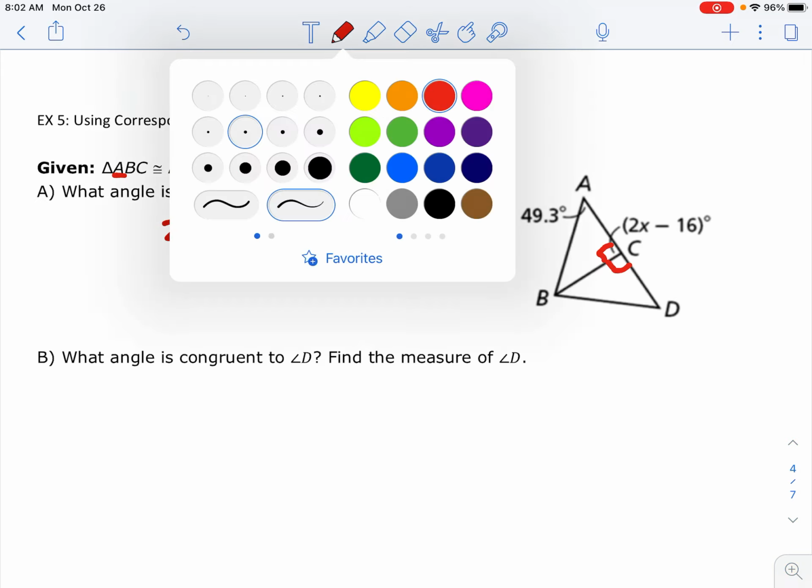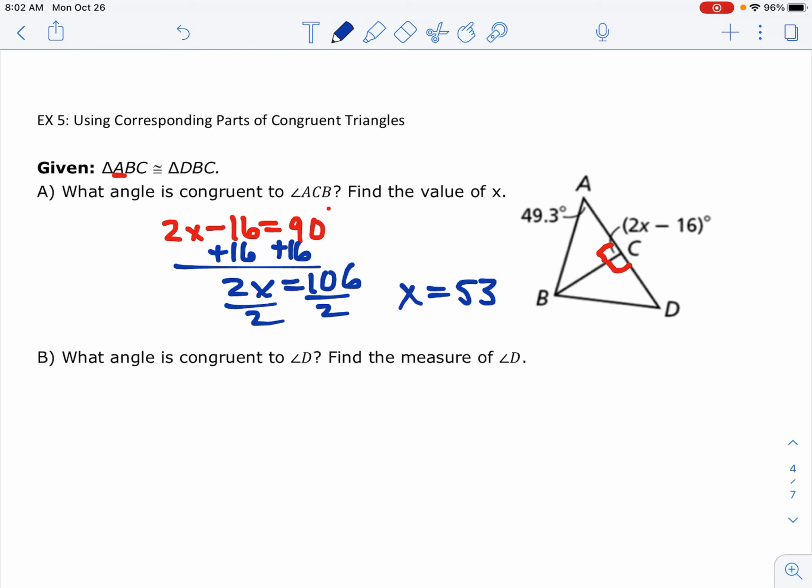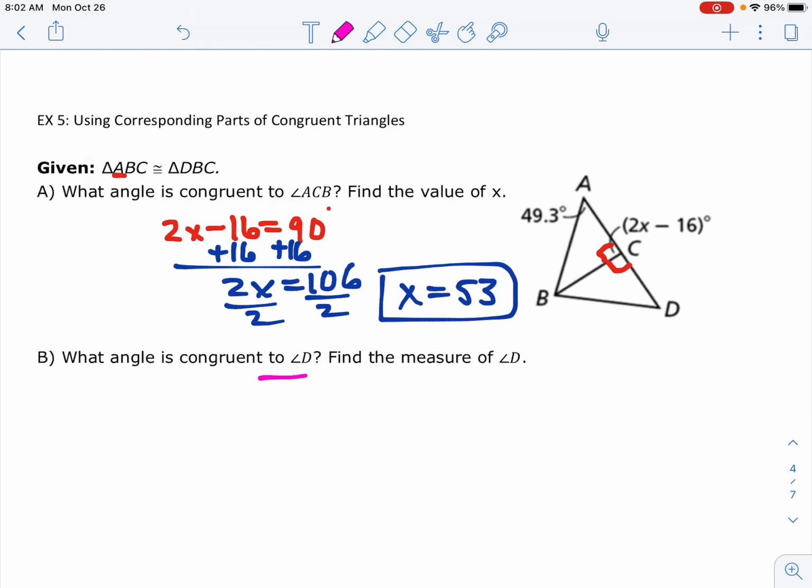Now, if I solve that, I'm going to add 16 to both sides first. And I'm left with 2x equals 106. And if I divide by 2, I get x to equal 53. Now, the second part of this question says find angle D, and you'll notice angle D is this angle over here.